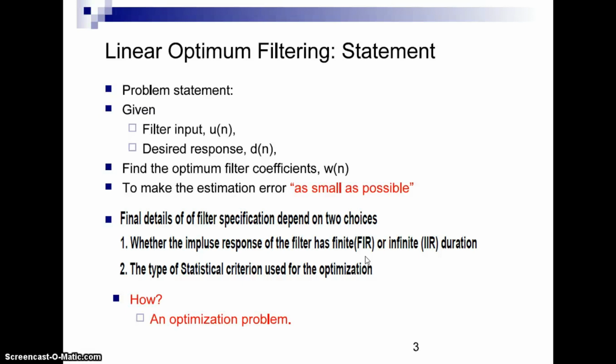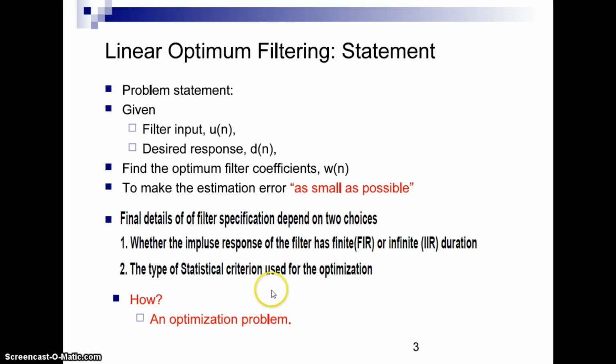This is the reason the majority of applications requiring adaptivity use FIR filters rather than IIR filters. Even though IIR filters have less computational requirements, FIR filters are the preferred ones.